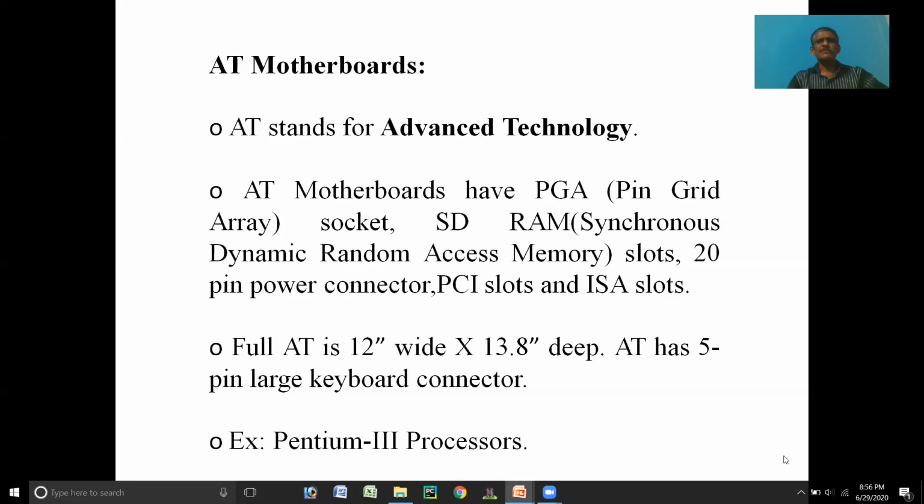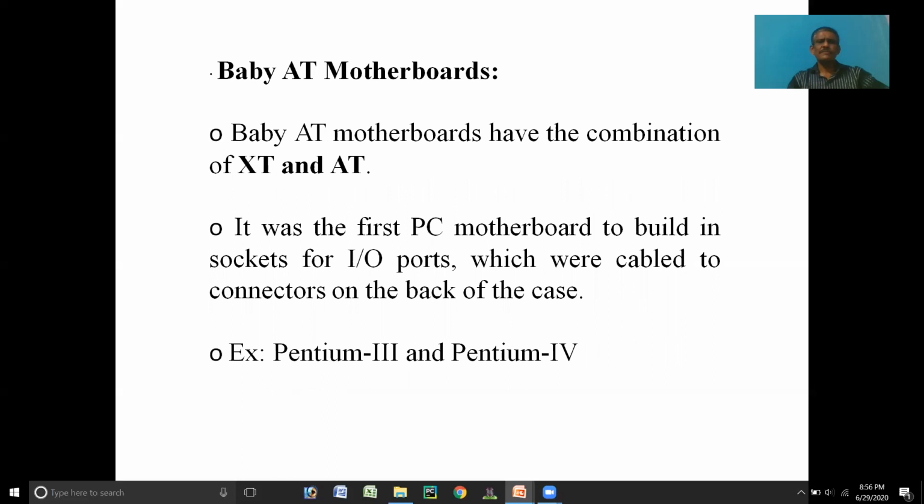Then we move on to the next type called baby AT motherboards. The baby AT motherboards have the combination of XT motherboards and AT motherboards. It means it is a combination of both XT and AT motherboards.